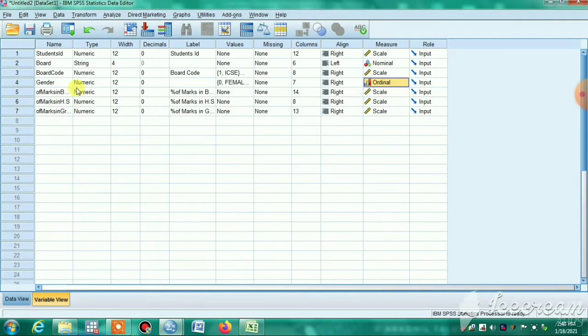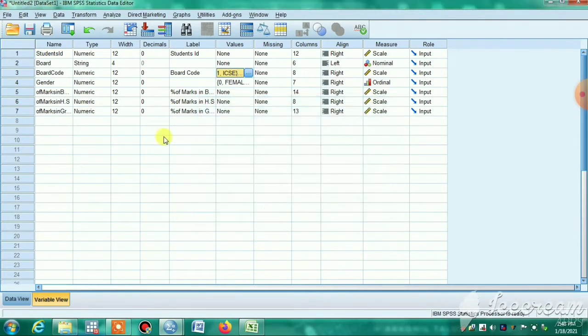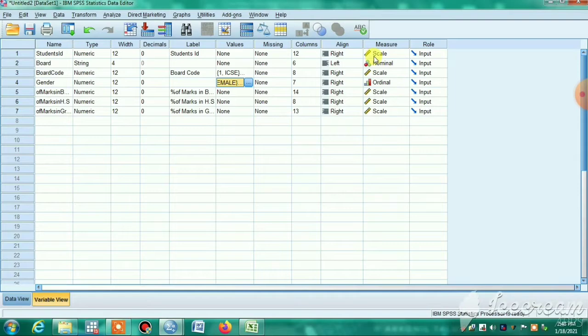And in the variable view, for board code the values are given as 1 for ICSE, 2 for CBSE, and 3 for SBSE. Similarly for gender, 1 is given for male students, 0 for female students. Regarding the measurement, we have taken the gender as an ordinal scale, male and female, and the others are scale variables.